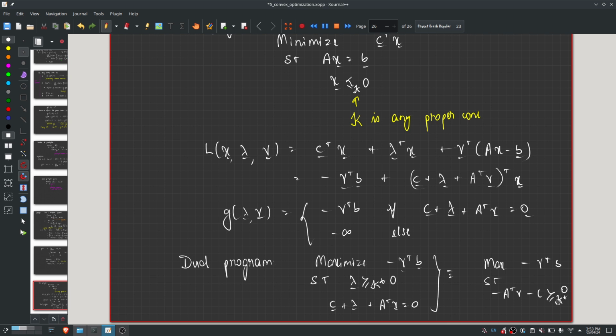So on the face of it, if you want to solve any general conic program, just going to the dual doesn't really help. You need some other method in order to be able to solve this conic program. The dual conic program is no easier in some sense than the original primal conic program.